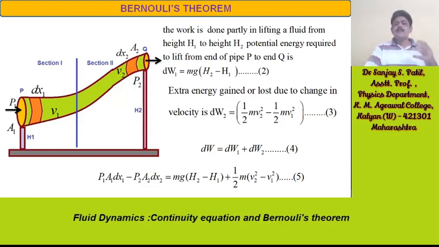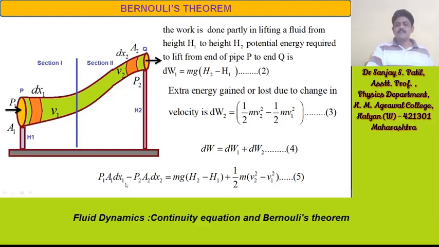Now the extra energy gained or lost due to the change in velocity is dW2, which is equal to 1 half m v2 square minus 1 half m v1 square. Suppose this is equation 3. Now we have to write dW is equal to dW1 plus dW2. This is equation 4.